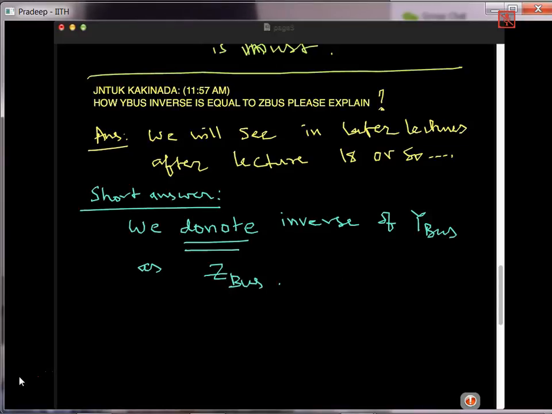It's just a matter of denoting. You get a Y bus, you invert it, you get some matrix, and that matrix we are calling Z bus. It's just a matter of definition. I hope this doubt is also clarified.